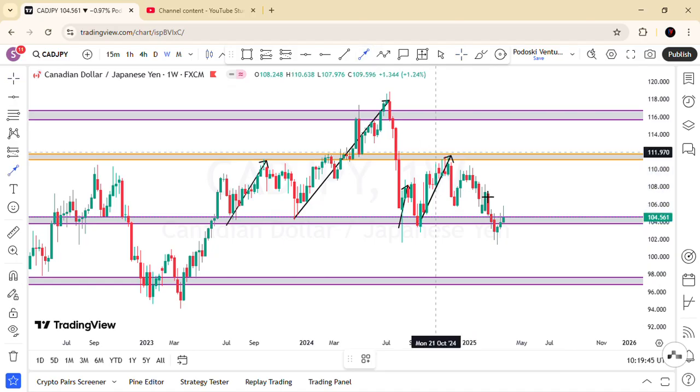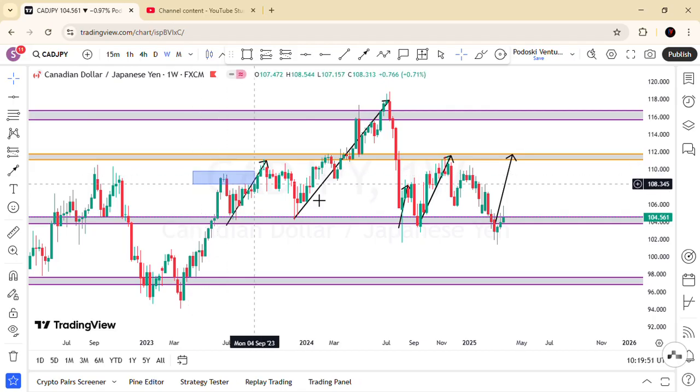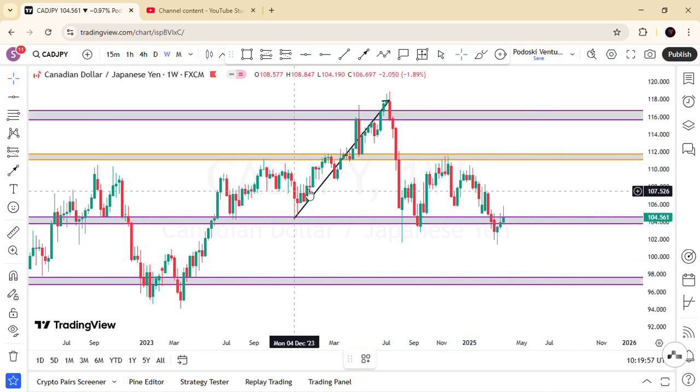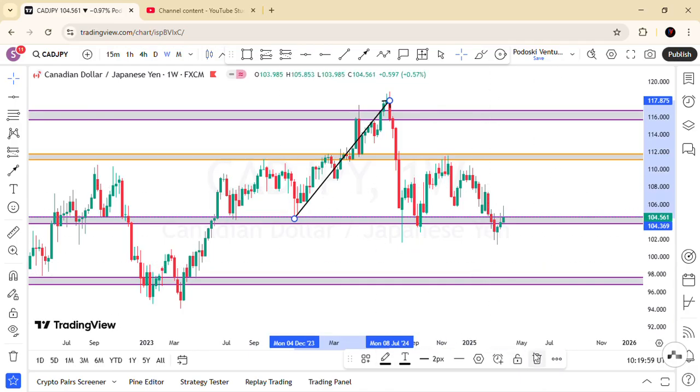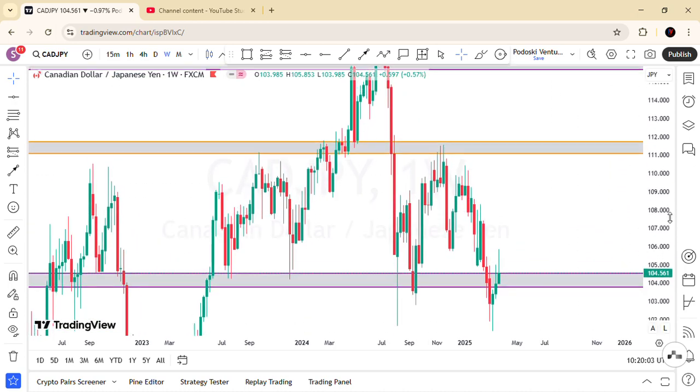So is it a must that it goes up? I think so. I think it's a must that price will go up after tapping into this particular demand zone.